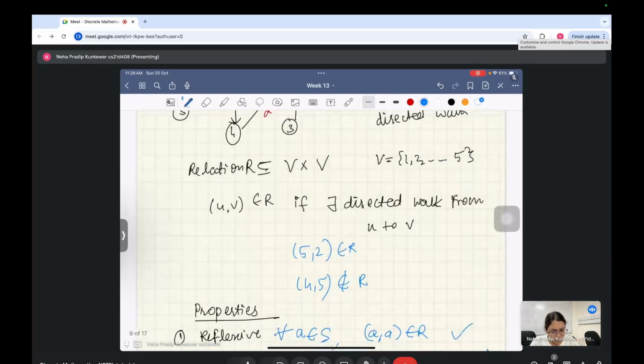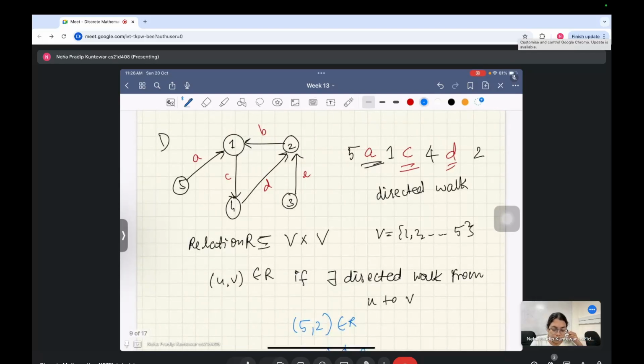Notice that this need not happen, because for example, let's look at this example. If you look at the vertex 1 and the vertex 3, there is no directed walk that will ever take you to the vertex 3. So 1 comma 3 is not in the relation. But let's ask whether 3 comma, okay, maybe this is not a very good example.